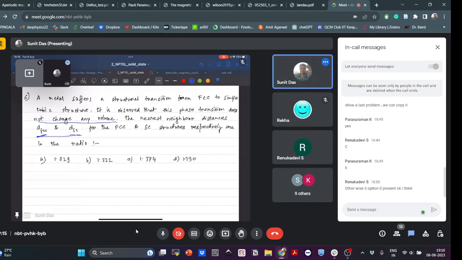Otherwise, radius or distance. It's like coordination number. So in coordination number, we find how many atoms are there, right? Here we need the distance. Once again, you can explain, sir. No idea. Okay, so I'll explain the problem, but if we can't solve it, then we'll solve.